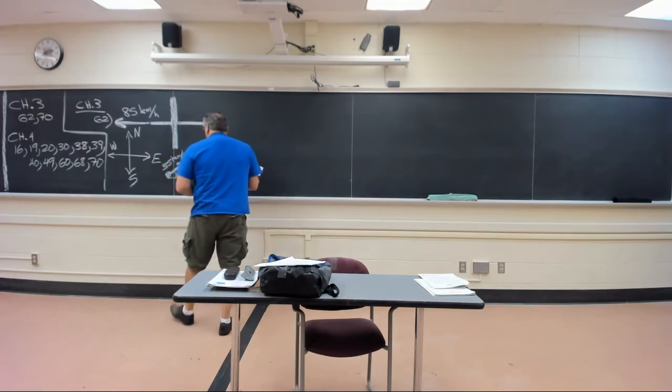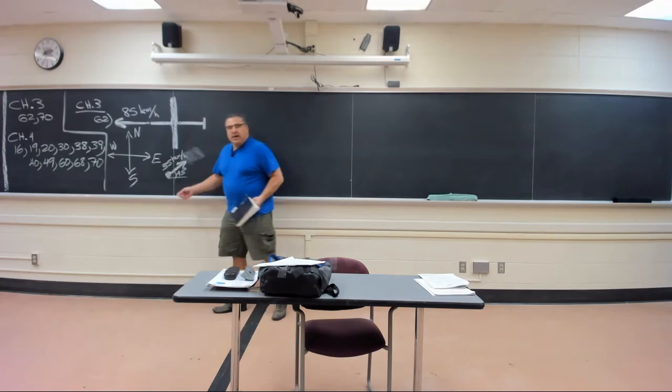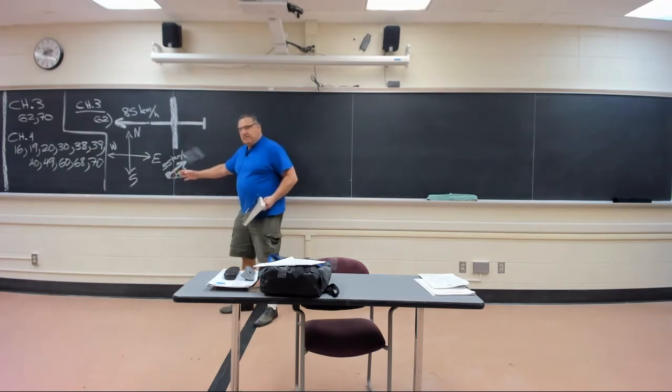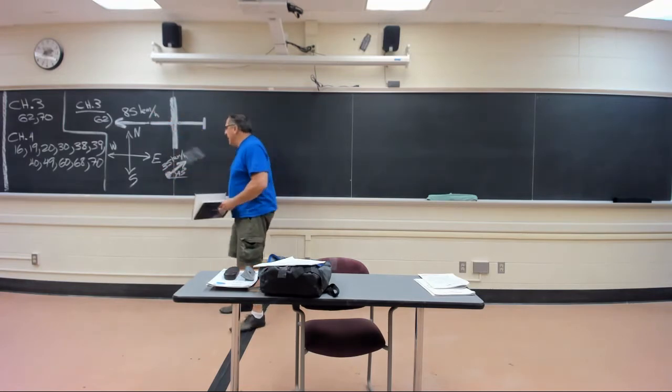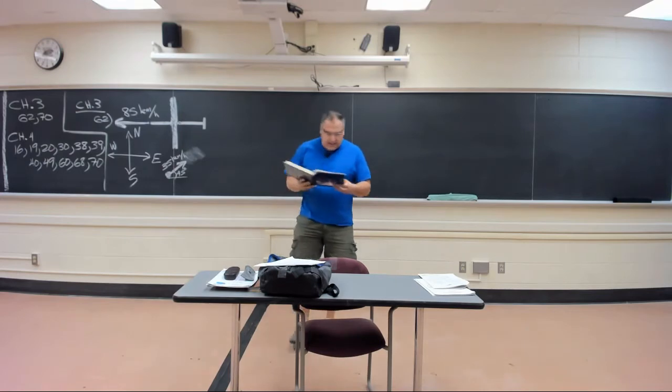So there's a tug of war going on in a sense. This thing's being tugged that way, but it's also being tugged that way by the engines. The engines are putting it that way. The wind is hitting it that way. There is a vector sum about to take place.